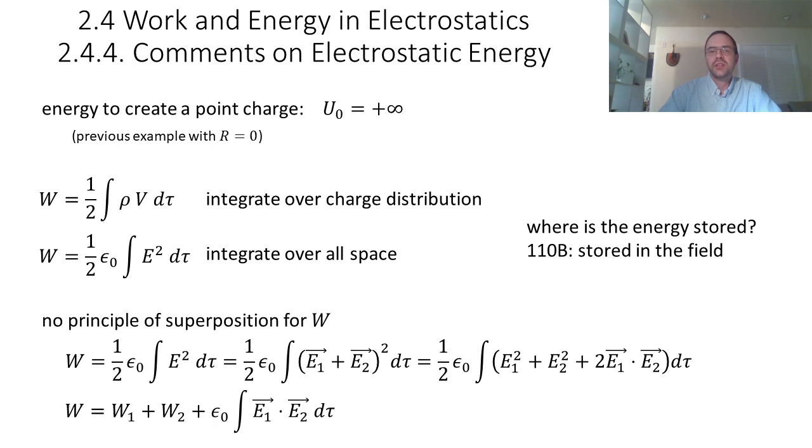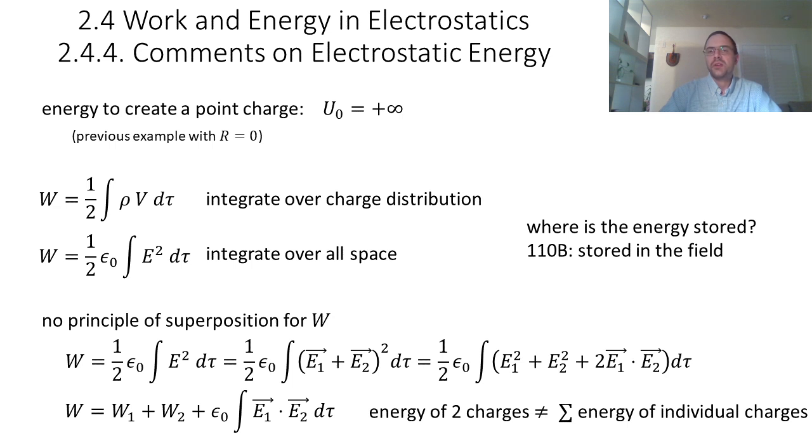And so the energy is W1 plus W2 plus an additional term which has the integral of E1 dot E2. And so you see that the energy of two charges is different from the sum of the energy of individual charges. The two charges interact with each other, and so the total energy contains an additional term.